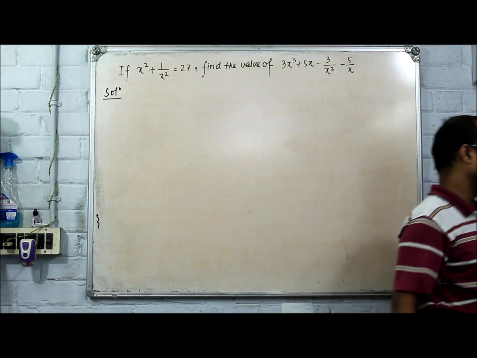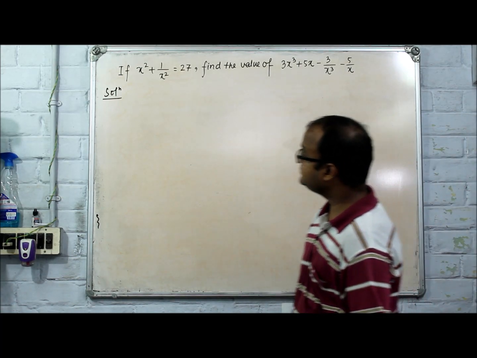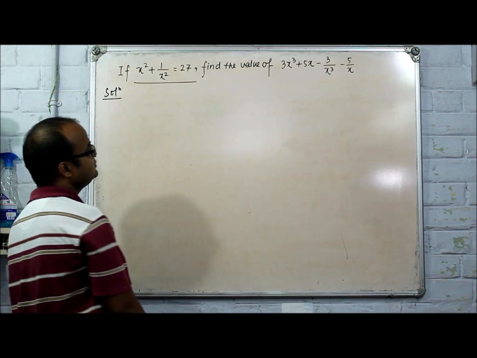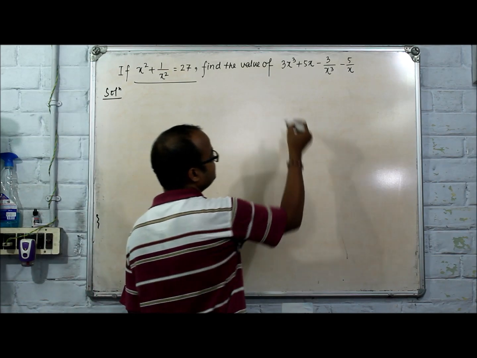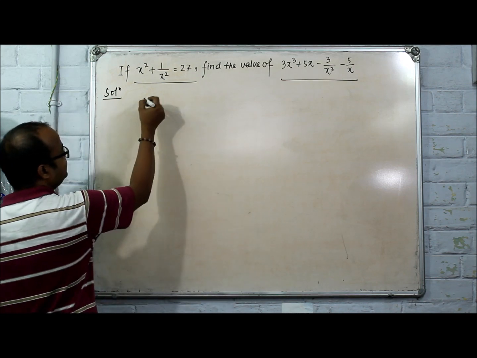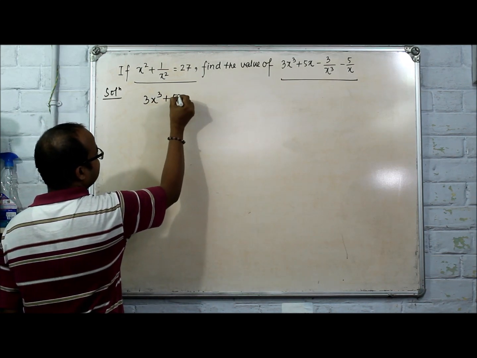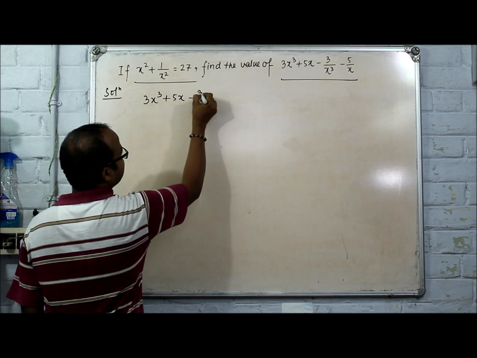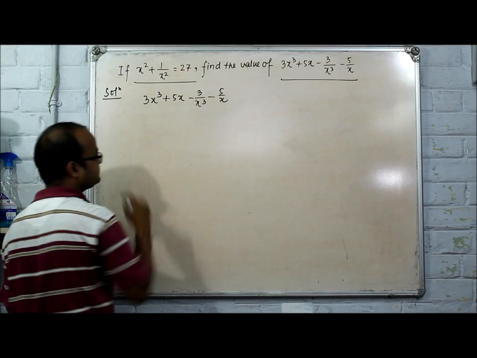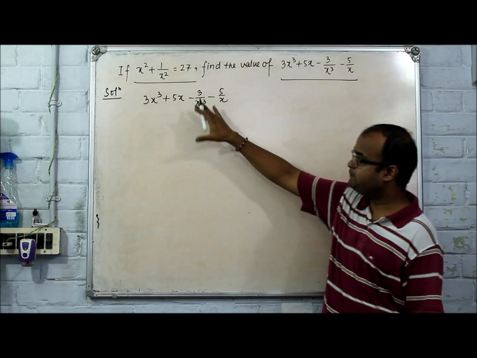Let us solve this problem. It is given that x square plus 1 by x square is equal to 27. We need to find out the value of 3x cube plus 5x minus 3 by x cube minus 5 by x. Now before we proceed, first simplify this term.